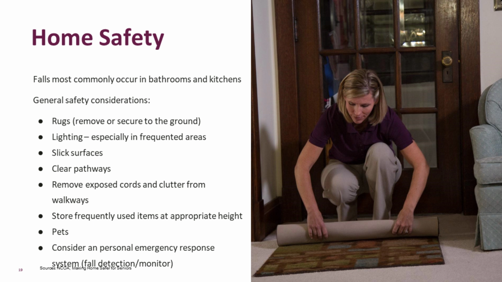But the great thing about those is if a person falls, they're able to call for help. And a lot of the technology now has automatic fall detection. What that means is even if a person falls and doesn't push the button, it still will alert the family member or the emergency response team that is associated with the device. So those can be a great option.